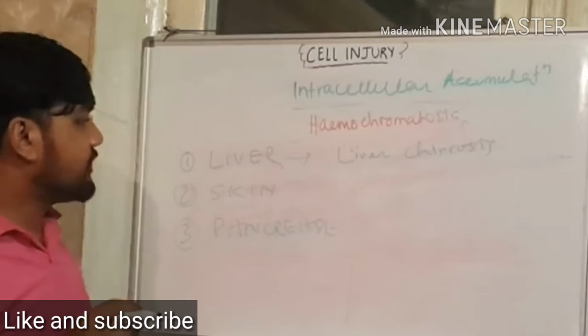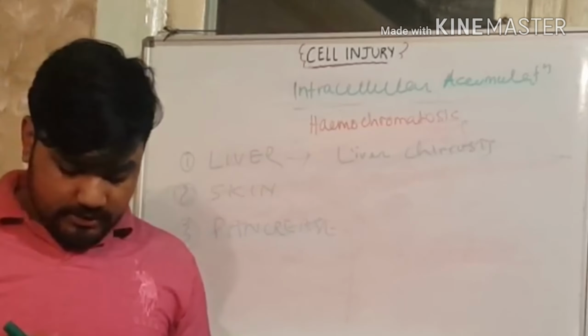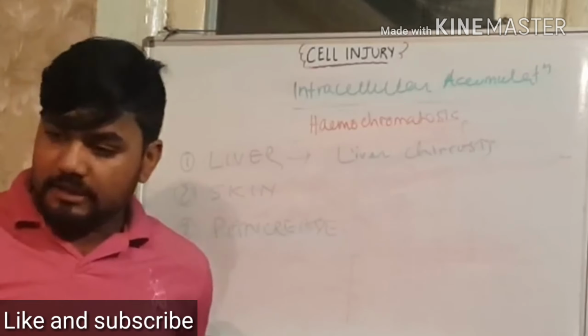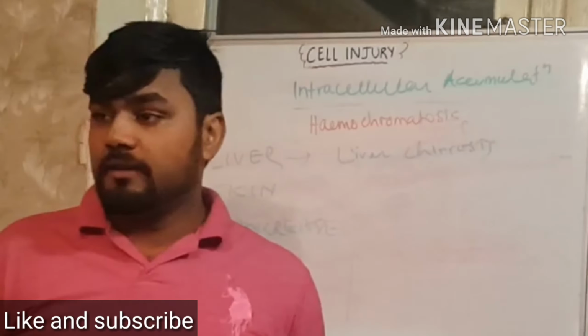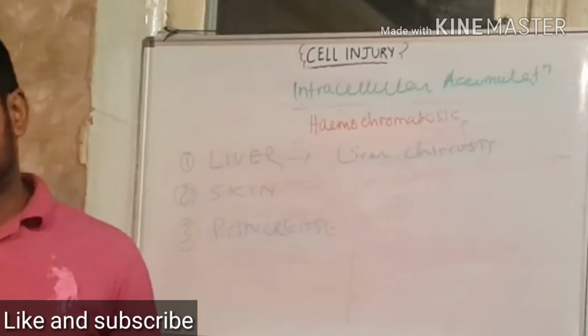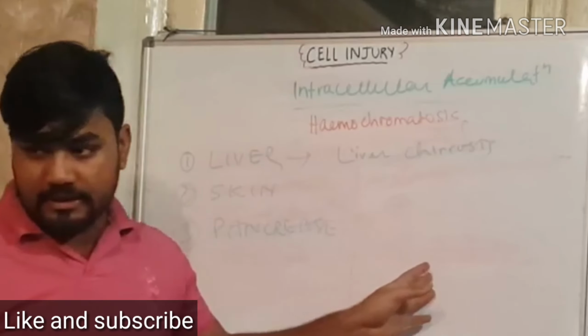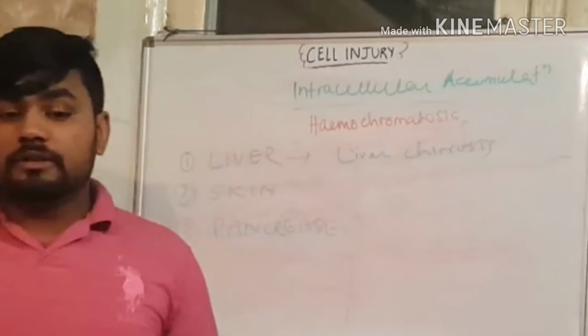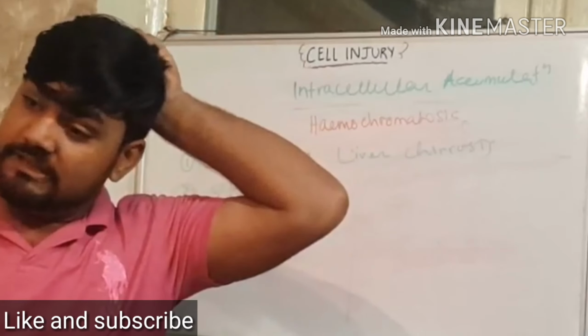Oh, I forgot to tell you, in acute hepatitis also there will be death of hepatocytes, and this is an example of pathological apoptosis. I told you about acute viral hepatitis. I forgot to tell you that in acute viral hepatitis we will see Councilman bodies.